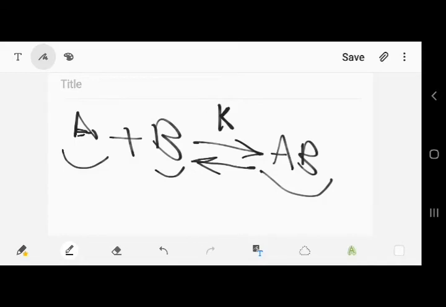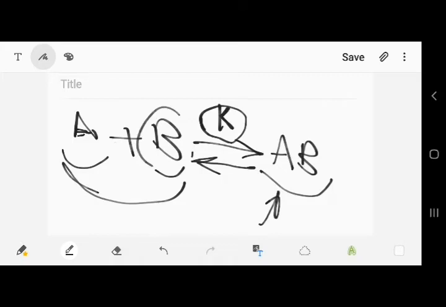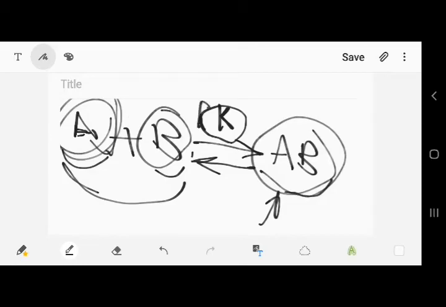And I'm sure all of you know that this K is the representation of the tendency of these reactants to react and form this product. Now, if I ask you a very simple question, what do you think if you have a high K? What does it mean? Well, of course, it means these two reactants have more tendency to react to form this product. If K is low, it is the exact opposite.